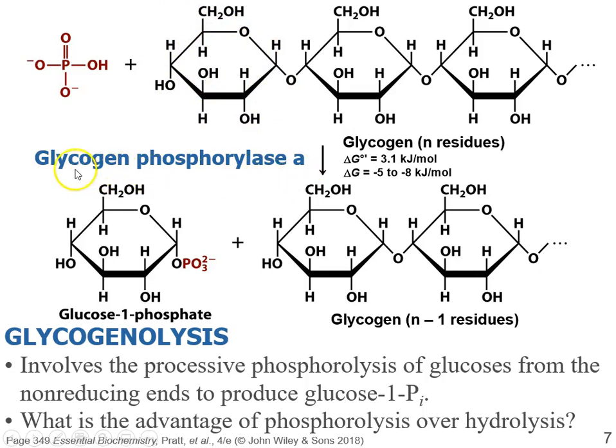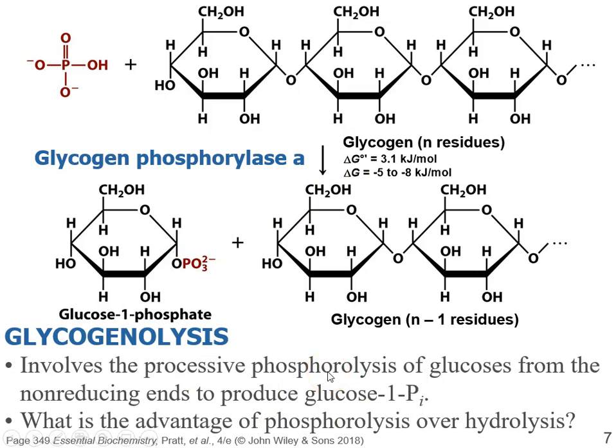The enzyme that catalyzes this reaction is called glycogen phosphorylase a. The a stands for active. We have both the delta G0 prime and the delta G values right here. You can see that the delta G0 prime is very slightly positive, but that's standard conditions, which don't exist in the cell. In the cell, the delta G is -5 to -8 kilojoules per mole, so that means it's a favorable reaction.